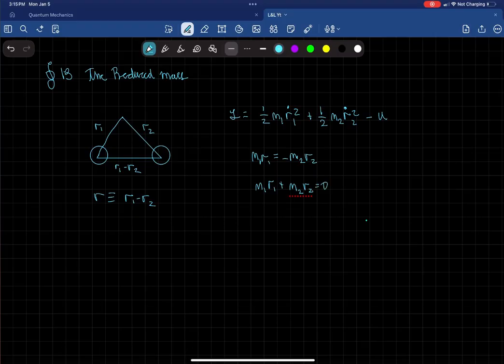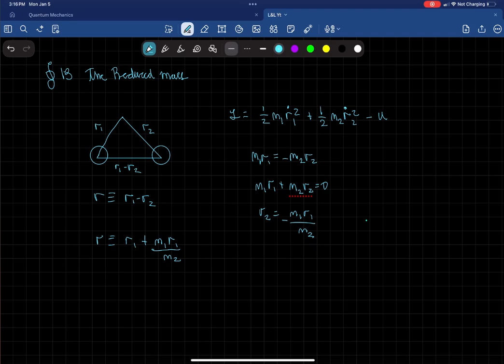From this equation, I can now solve for r2, which would be equal to negative m1 r1 over m2. And plugging this into my new radial vector condition, r would be defined as r1 minus a negative m1 r1 over m2.